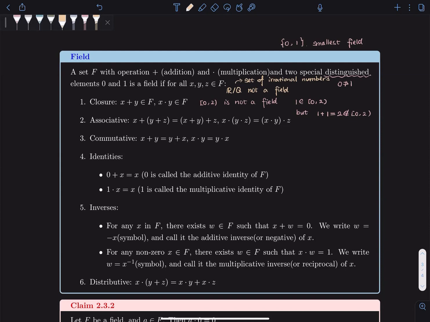For example, let's say root 2 is in the set, right? And negative root 2 is also in the set. But if you add them together, you'll get 0, which is not in the set. Well, you can see that the irrational numbers fail to be a field directly because it doesn't even have 0 and 1 either. Okay. But you know that it's not closed under addition. So that can give you some idea of what closure means.